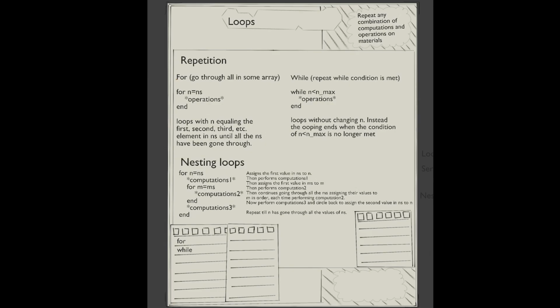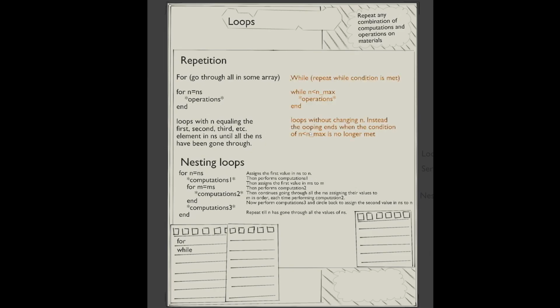For n, this is the variable that will receive the new value for each element in the n's, and then it will perform operations. More specifically, it loops with n equaling the first, then the second, then third, going on, element in n's until all the n's have been gone through. With the while, it loops without changing n.